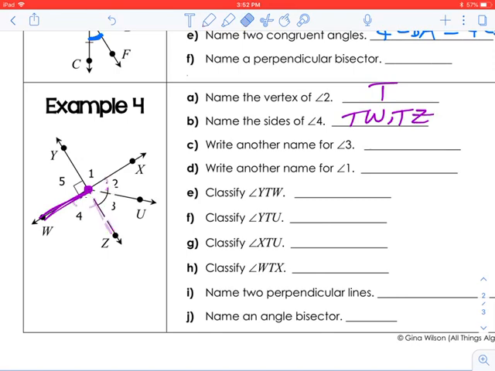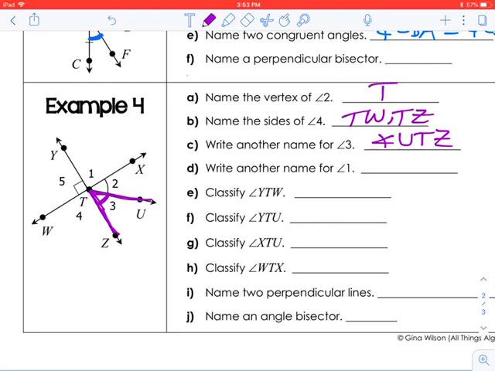Let's name another name for angle 3. If this is angle 3 here, here are my sides. Again, we want three letters. So angle UTZ would be that angle.